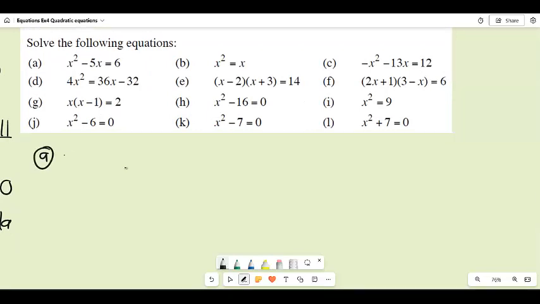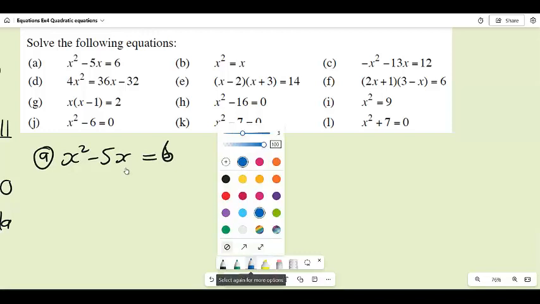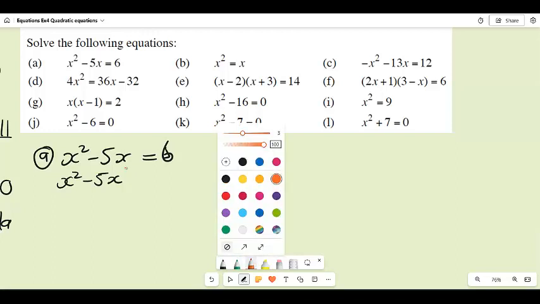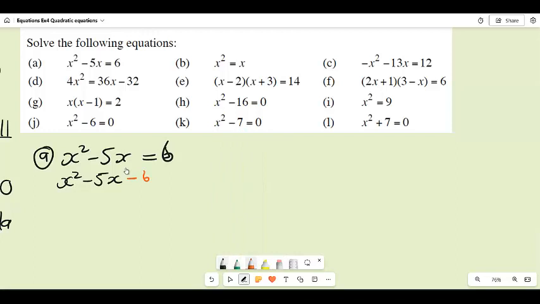Question A says x squared minus 5x equals 6. So over here you're going to put your trinomial on one side. We say x squared minus 5x minus 6 is equal to 0, because we subtracted 6 on both sides.